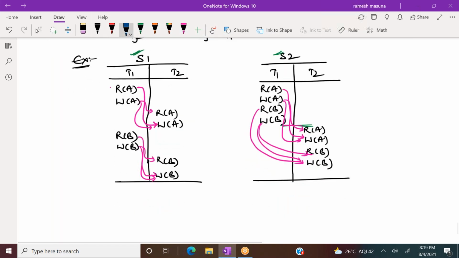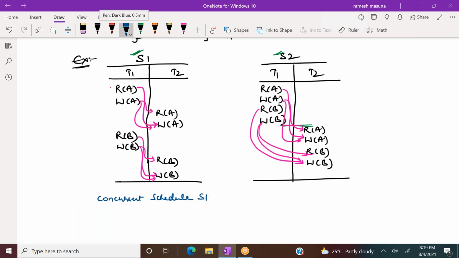So here I can write as a conclusion that in concurrent schedule S1 and serial schedule S2, all the conflicts are the same. Therefore, S1 is called conflict serializable.